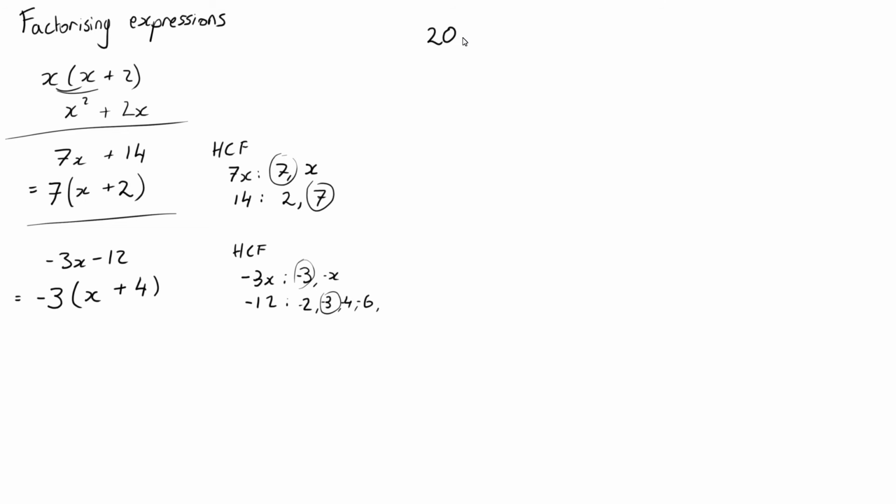Let's say we've got 20a squared plus 30a. We'll just change our variable, same process, it doesn't matter. So the highest common factor between 20a squared and 30a. If you need to, jot them down.